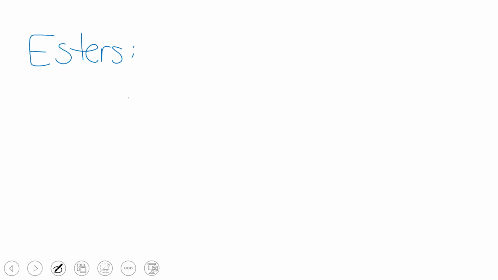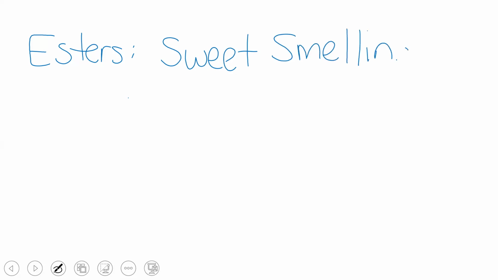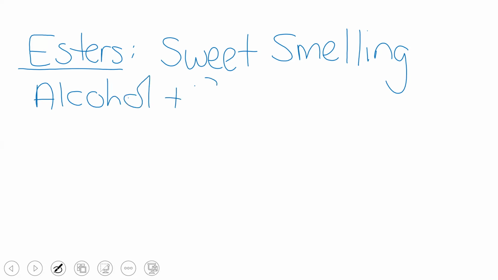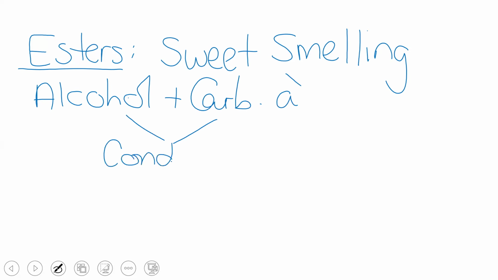So esters are sweet smelling organic compounds, or they have a fruity smell. And esters are produced from the reaction of alcohol and carboxylic acid. The type of reaction between the alcohol and the carboxylic acid is called a condensation reaction because it involves the removal of water.